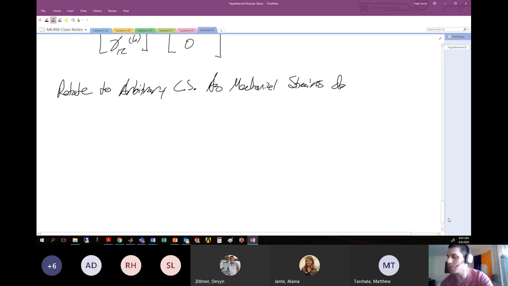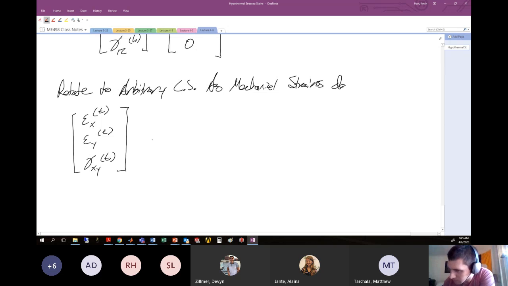then we can transform those strains just like you would transform mechanical strains and say that the strain in the x direction, the strain in the y direction, and the shear strain gamma xy that occur from thermal expansion are going to be equal to the transformation matrix that transforms strains.